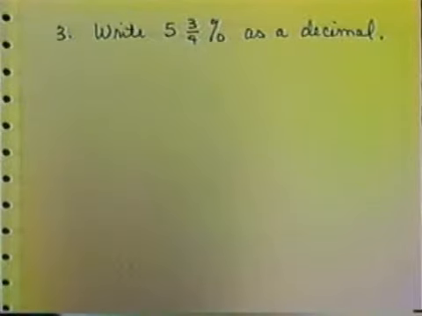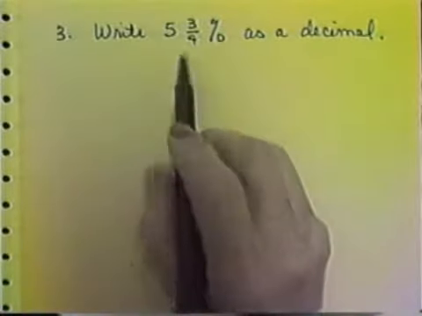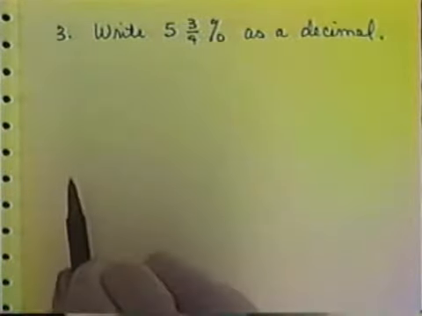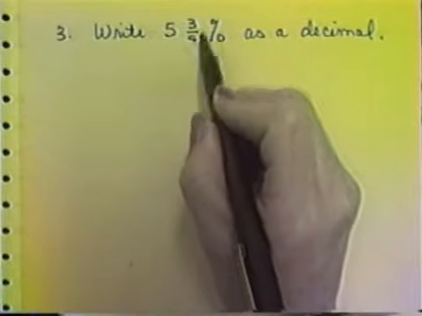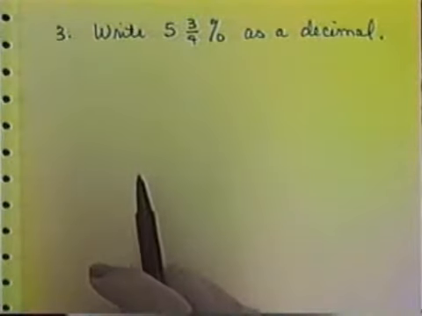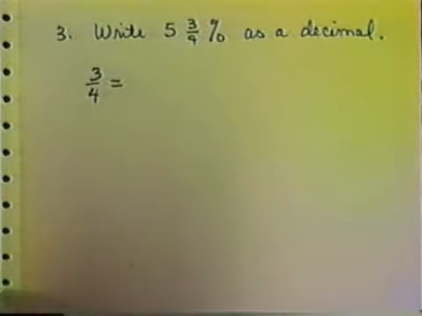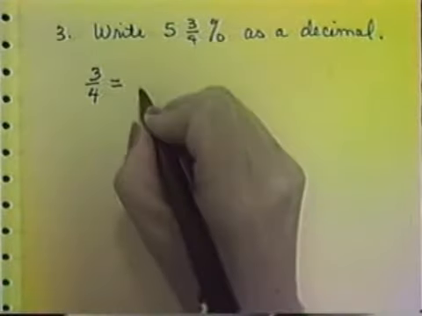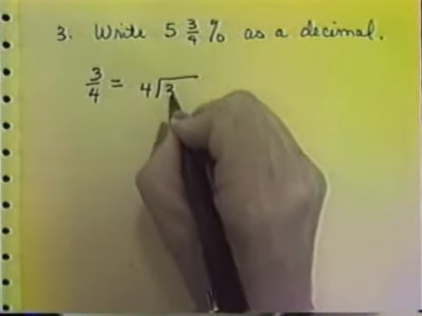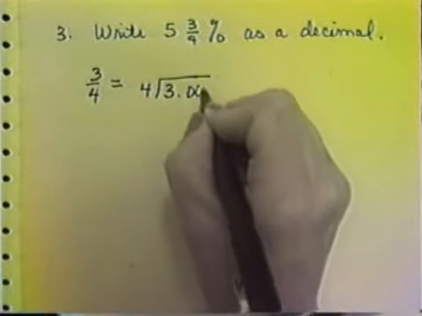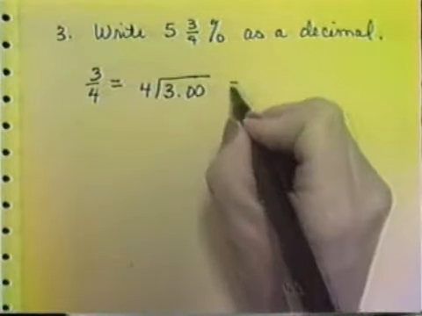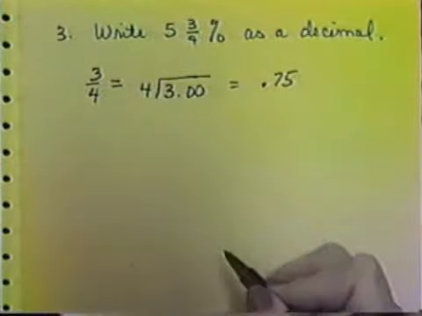Third example, we want to write 5 3/4% as a decimal. In order to do this, we don't want this fraction, so we're going to have to change this to a decimal. So we're going to take 3/4 and make a decimal out of that, which says I want to take 4 and divide into 3. In our calculator, we find that that comes out as 0.75.